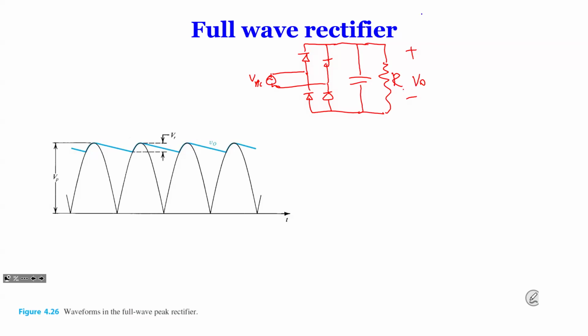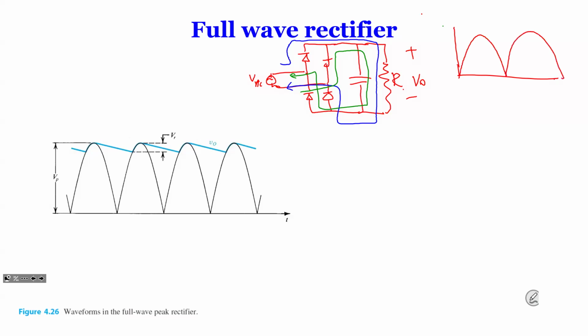In this circuit, it's the same circuit as we drew earlier. When you have positive voltage, it goes like this. When you have a negative voltage, you always get positive at the output, and the output can be drawn like a full wave, minus 1.4 volt.